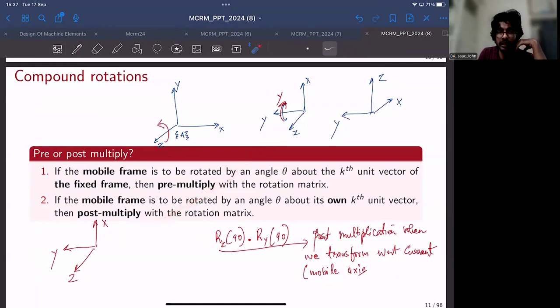And the second rotation, I will rotate with respect to the y-axis of the fixed frame, instead of the current frame. If I rotate 90 degrees with respect to this frame of reference, how would it look? The y-axis would be like this, out of plane, the z-axis would be like this, and the x-axis would be vertically up.